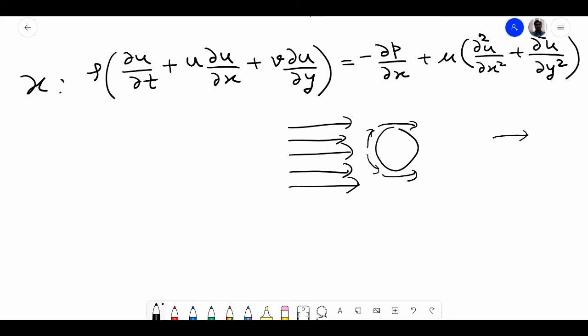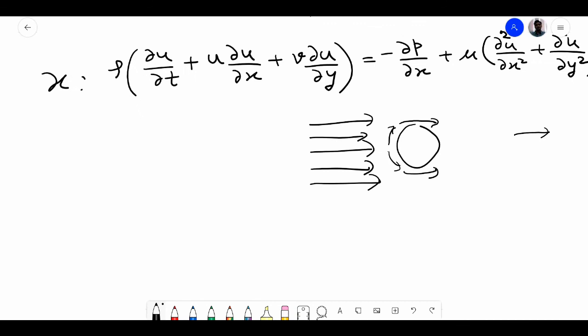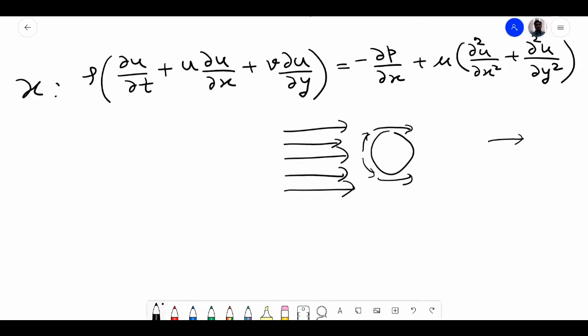Okay, this can be a characteristic velocity of that flow. We are free to define that, but there can be some physically meaningful characteristic velocity or characteristic scales as well.